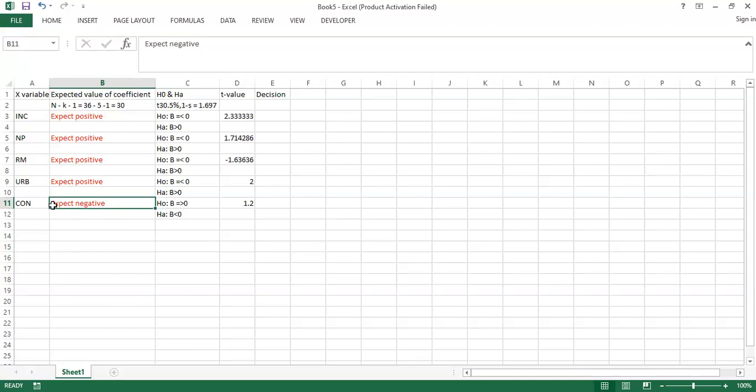Which means it can either be positive or negative. So in those instances, it becomes a two-sided test, because it can either be negative or positive. In that instance, there isn't enough data to corroborate the expected signs, so we are going to make an adjustment on that one much later.